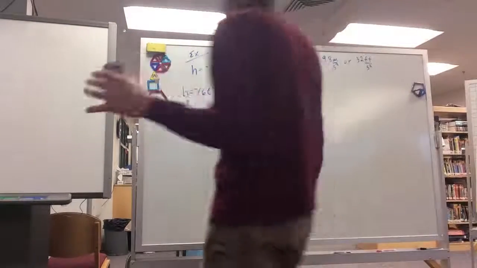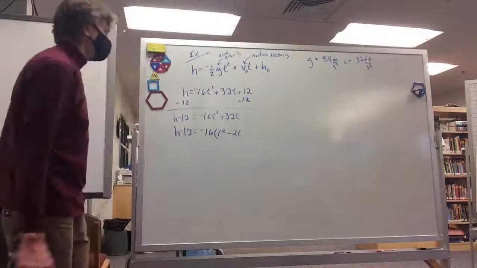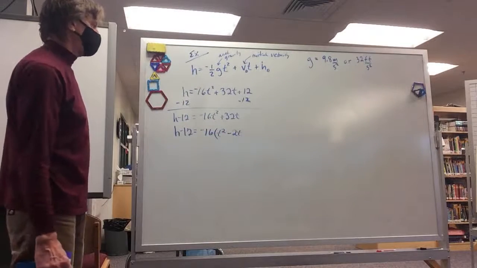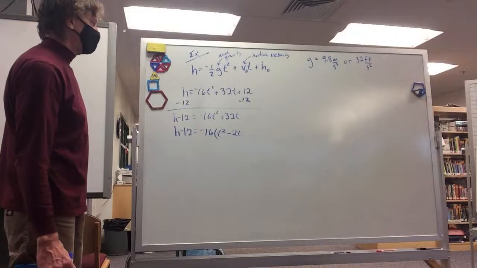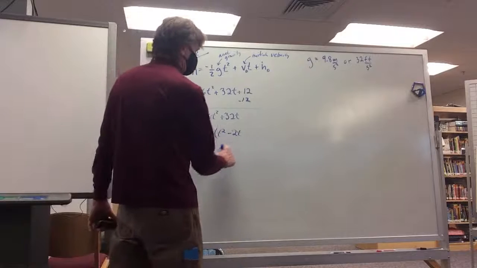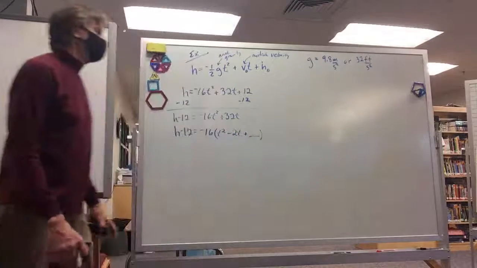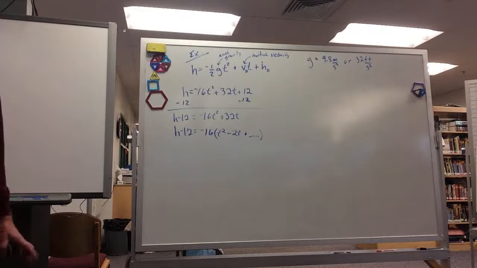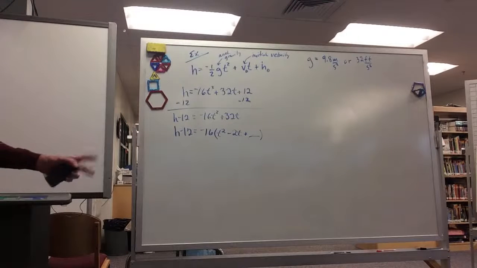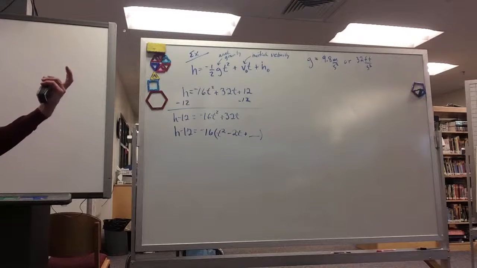But in terms of being able to work with this, what I'd like to do is try to rewrite this as a quadratic. So then we can come up with what the vertex is going to be more easily.